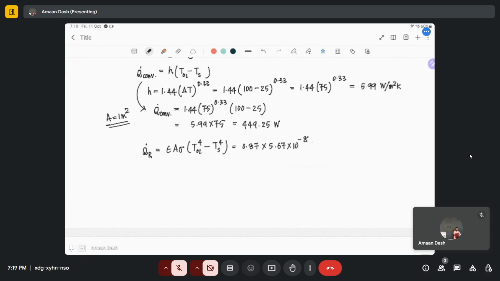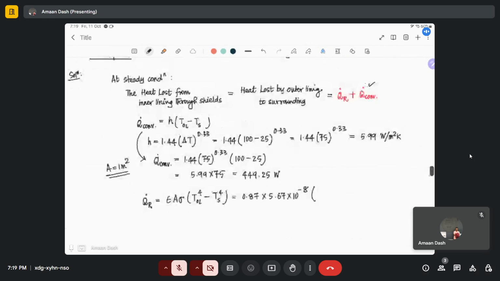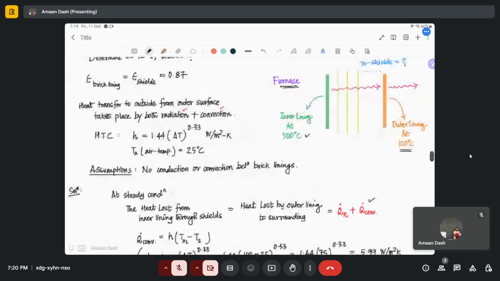So this is 5.99 watt per meter square. So this will be 5.99 times 75, and we will be getting 449.25 watt.